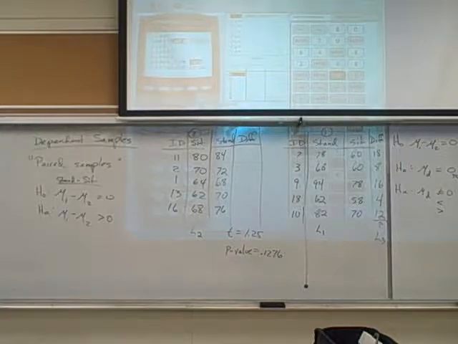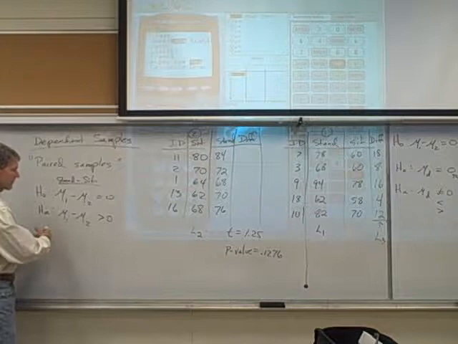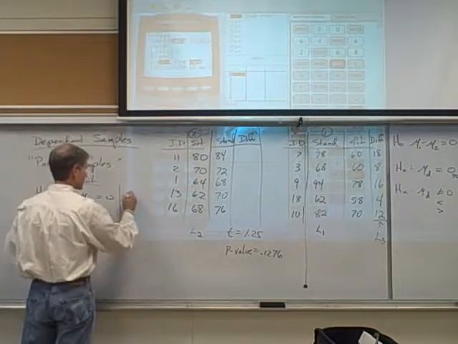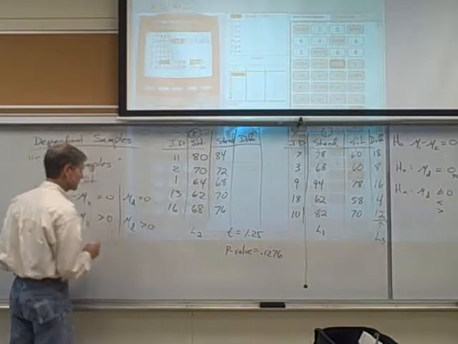So I push second function, L3. Leave the freq as 1. And I want the greater than symbol. I guess I never wrote it down, but here's what it is. For the paired, it's mu d equals 0, mu d greater than 0.